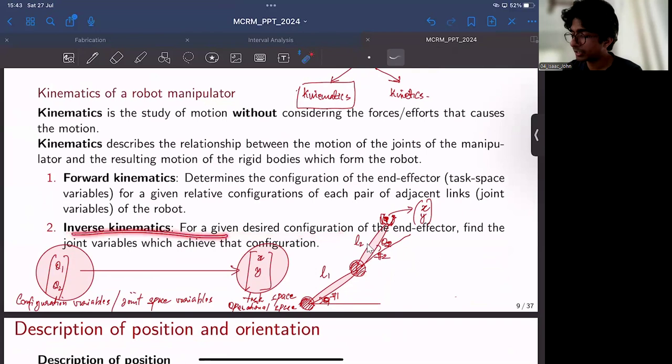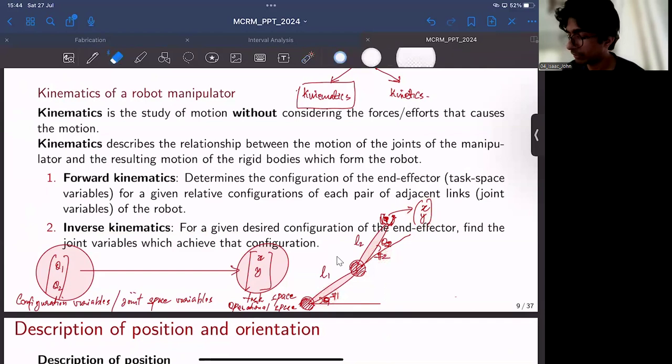So in inverse kinematics, basically, for a given set of task space variables, for example, if we want the robot to go to a specific location in a plane, for example, X and Y, what would be the command that we should be giving to the motors? So given X and Y, what is theta1 and theta2? So that would be the inverse problem actually.